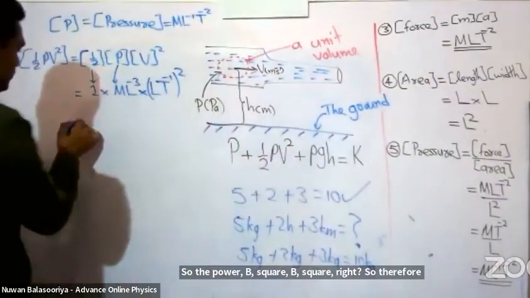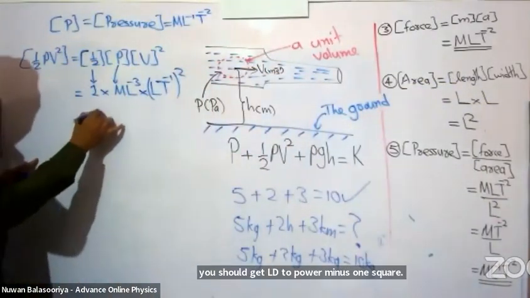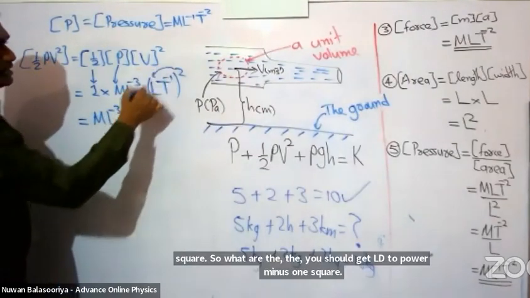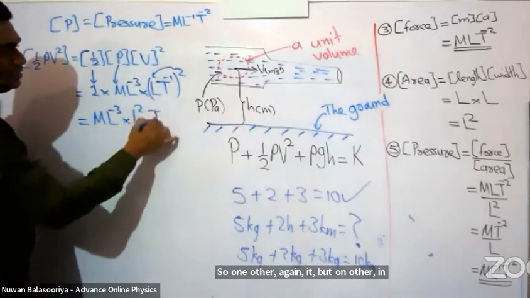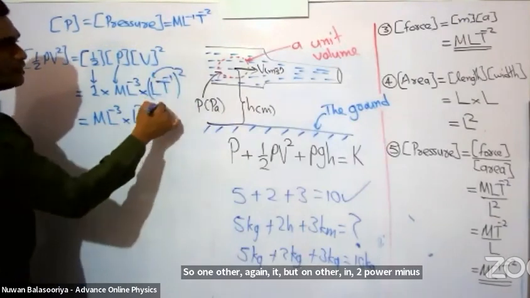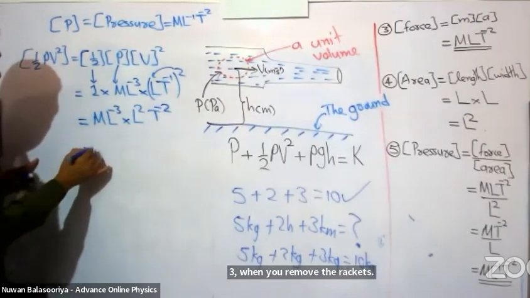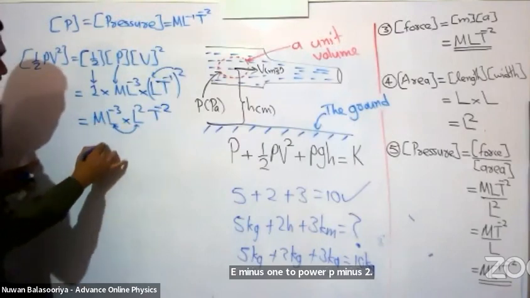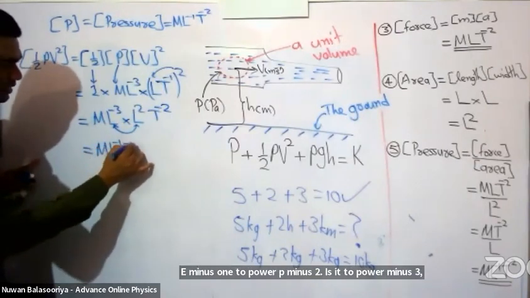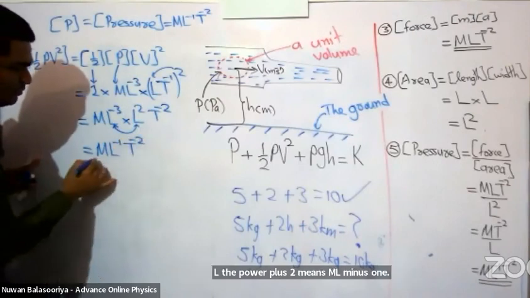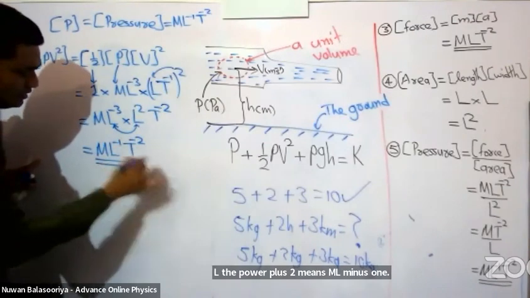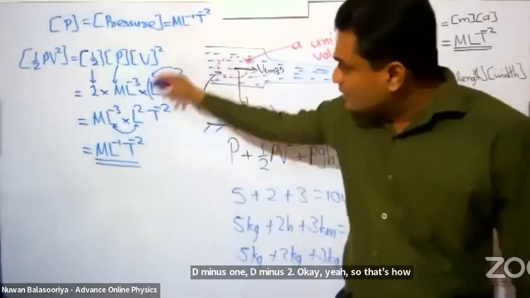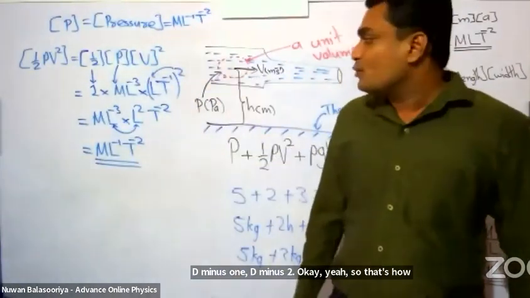ML to power minus 3, when you remove the brackets, L square T to power minus 2. L to power minus 3, L to power plus 2 means M L minus 1 T minus 2. Okay, dear? So that's how we found the dimensions of half rho v square.